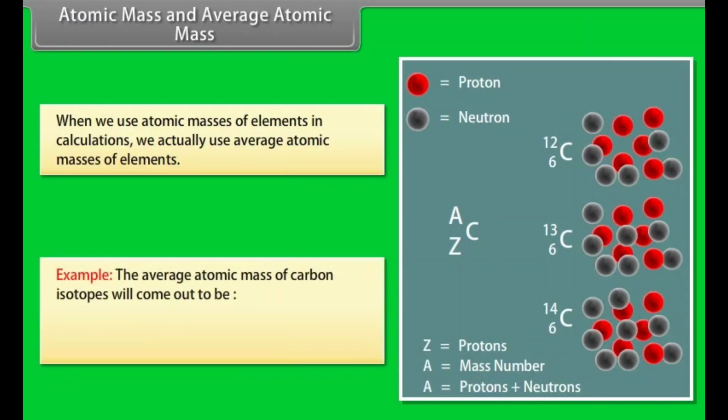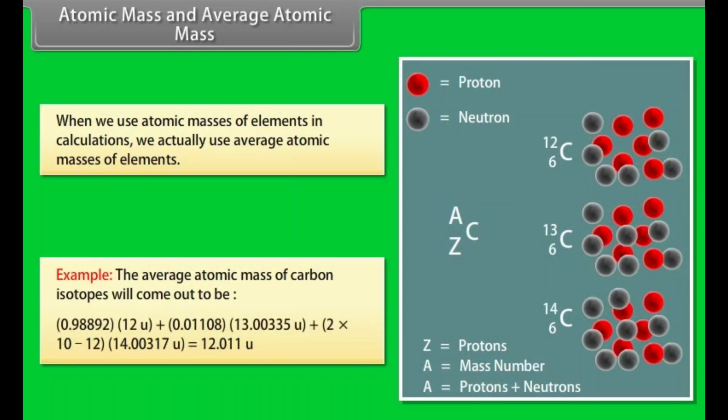Example: the average atomic mass of carbon will come out to be 0.98892 × 12 u plus 0.01108 × 13.00335 u plus 2 × 10^-12 × 14.00317 u, which is equal to 12.011 u.